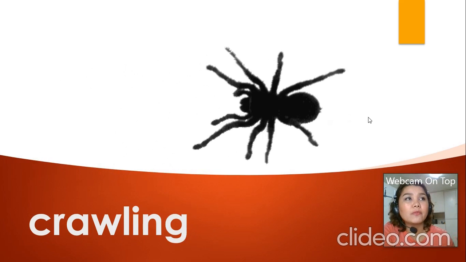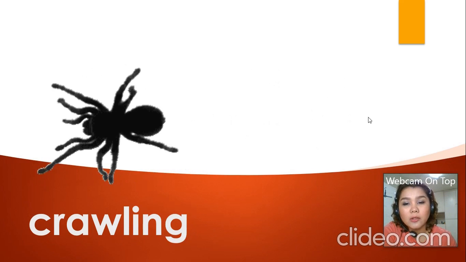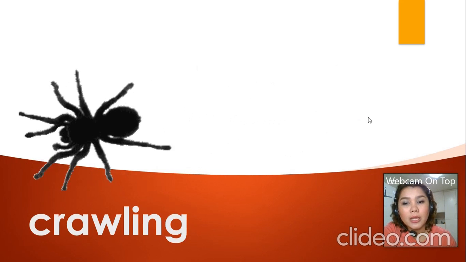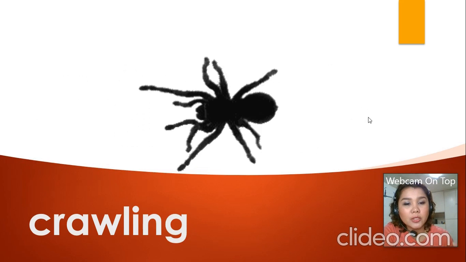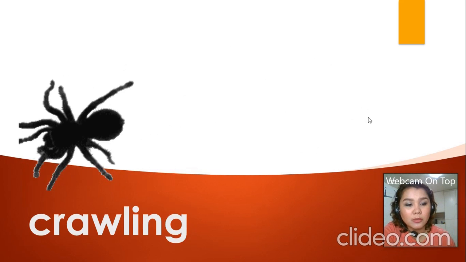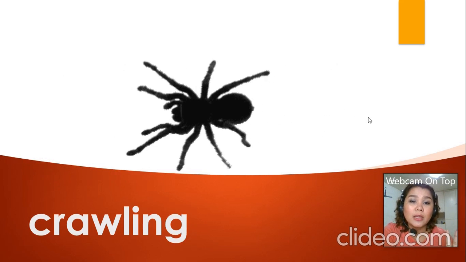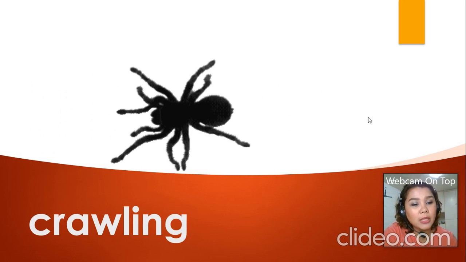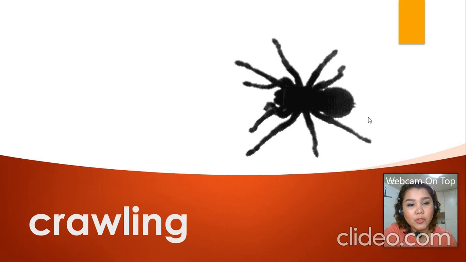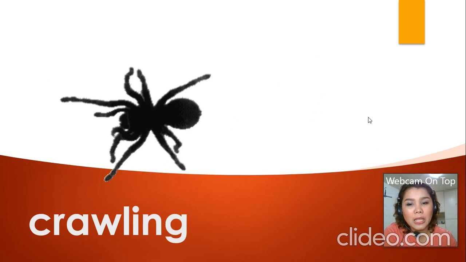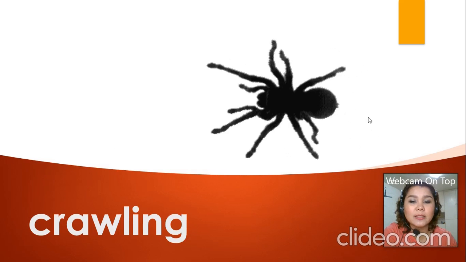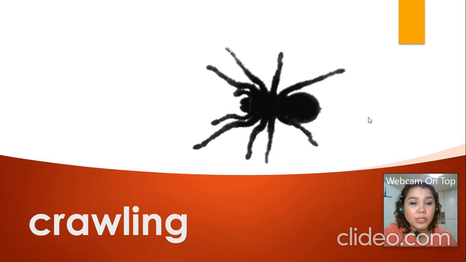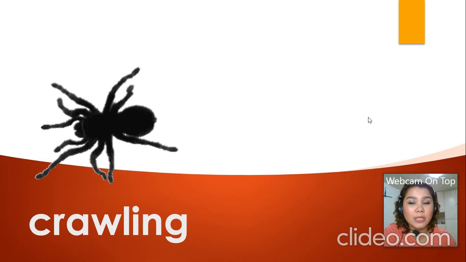How is it different from walking? Usually crawling refers to movement wherein the legs are shorter. Like the dog, the legs are long. But unlike the insects, they crawl because they have shorter legs. Although they have six legs, they are still short. That's why the term is crawling.